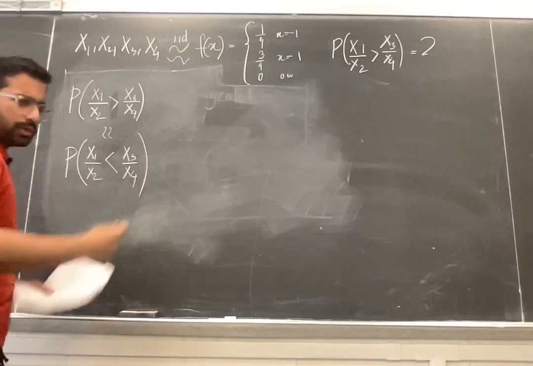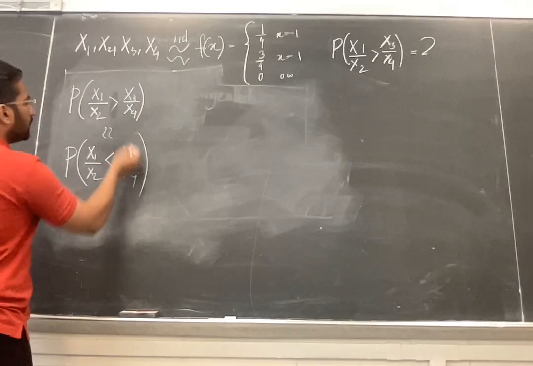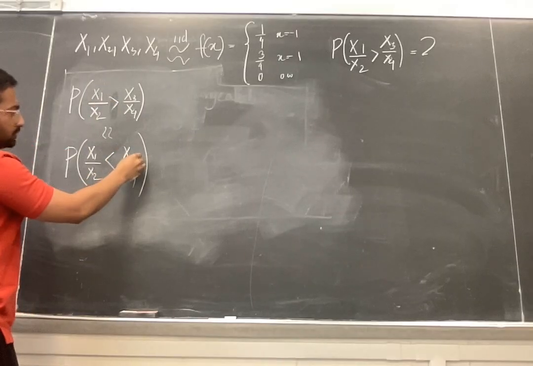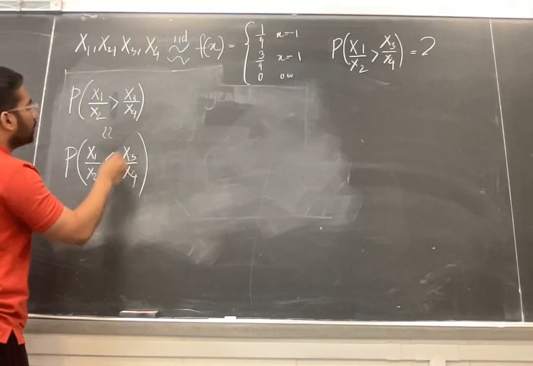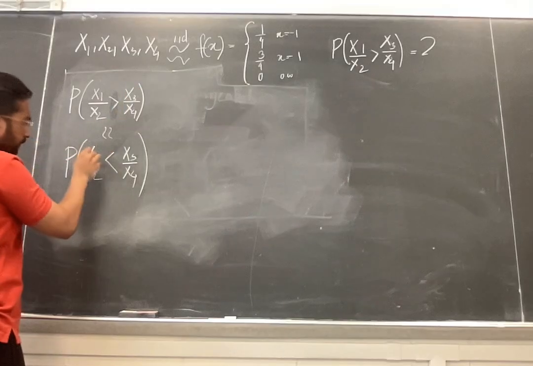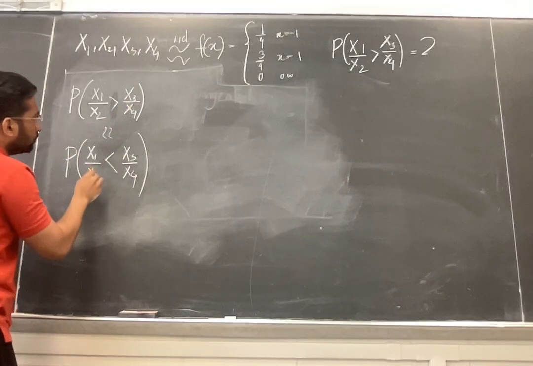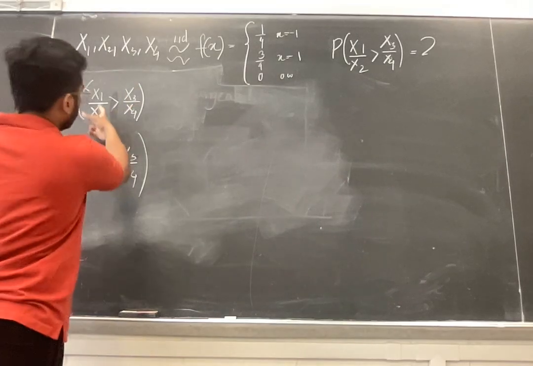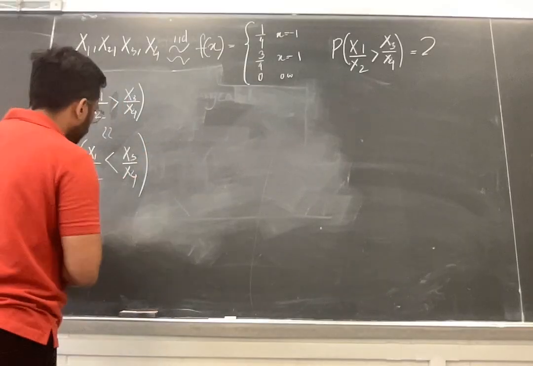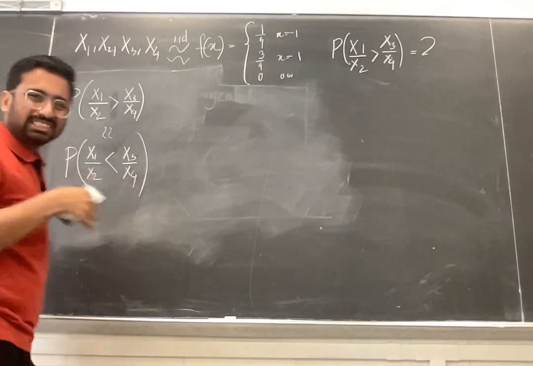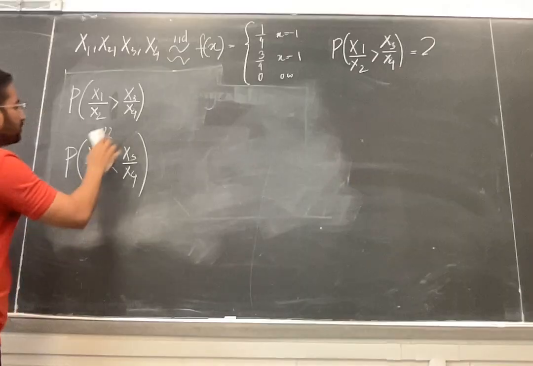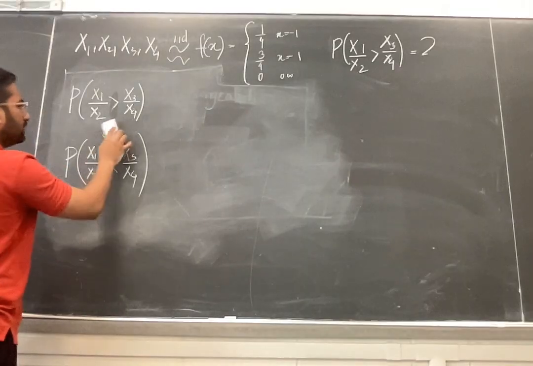We will show that these two are equal. More importantly, x1 has been transformed to x3, x2 to x4, x3 to x1, and x4 to x2. Rather, the indices 1, 2, 3, 4 are permuted. From that idea, you can think about how to integrate these two things together.